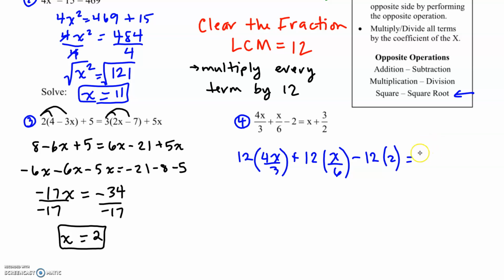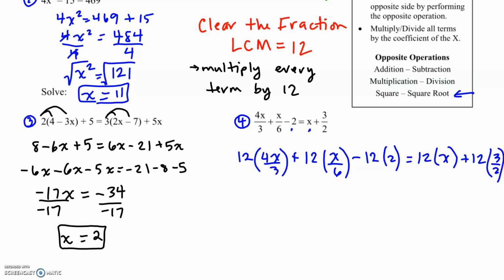The next term is x, I'll multiply that by 12. And the last term is 3 over 2. I want you to notice that I multiplied terms like 2 and x that didn't have denominators. That's to keep my equation balanced. It still equals the same thing if every term is multiplied by 12.